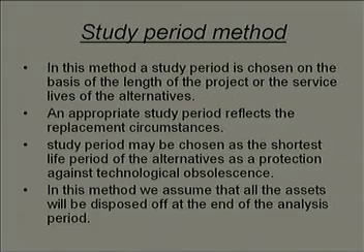So, when you talk of two assets, one with a life of 3 years and another with a life of 4 years, the study period normally is taken as the smaller of the two alternatives.